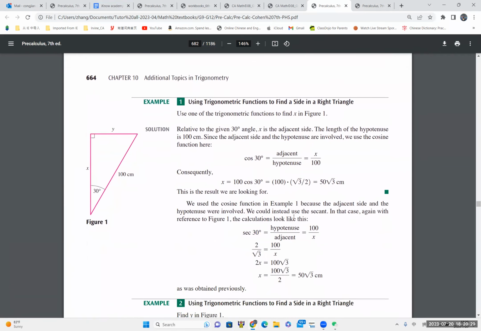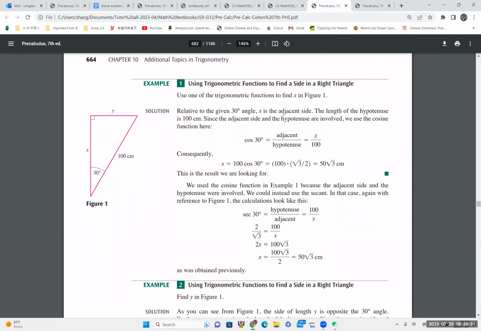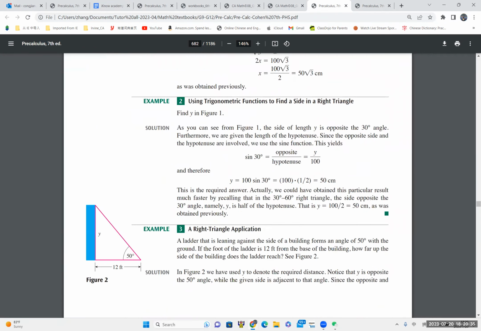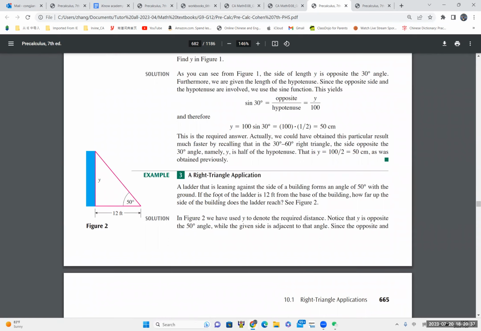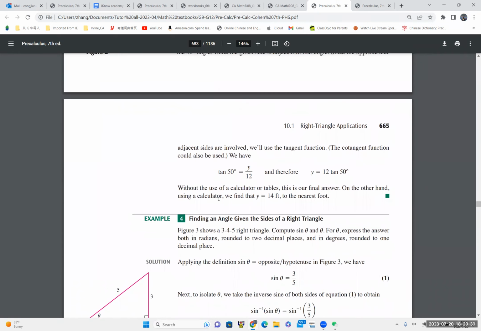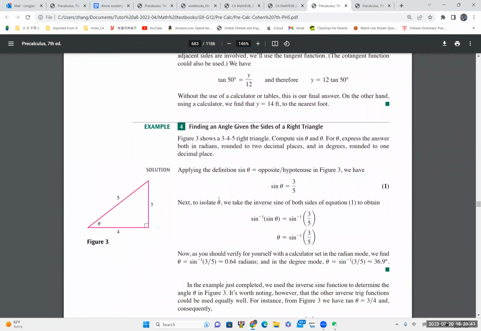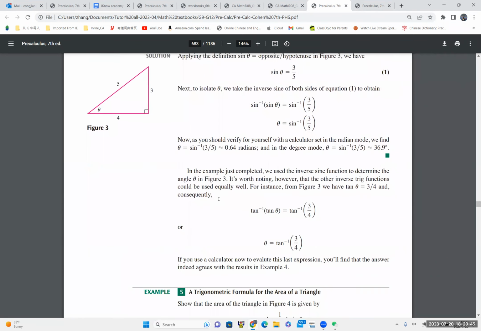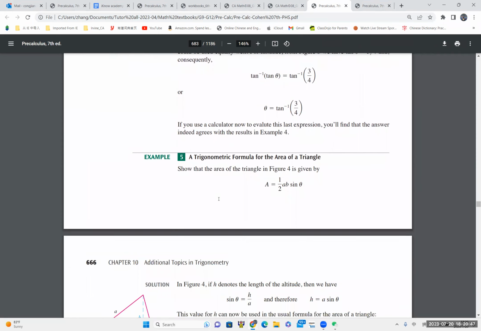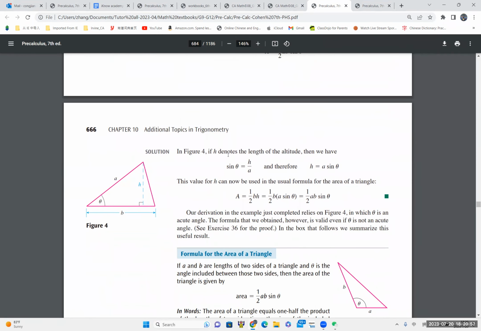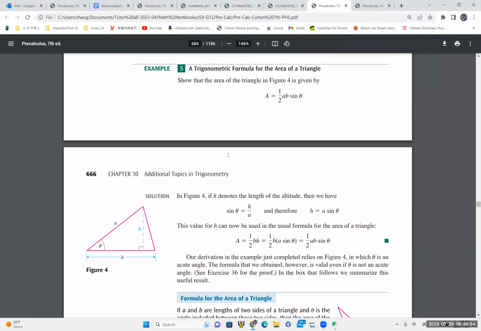This is something basically we know. Given this side, here just make a right triangle.